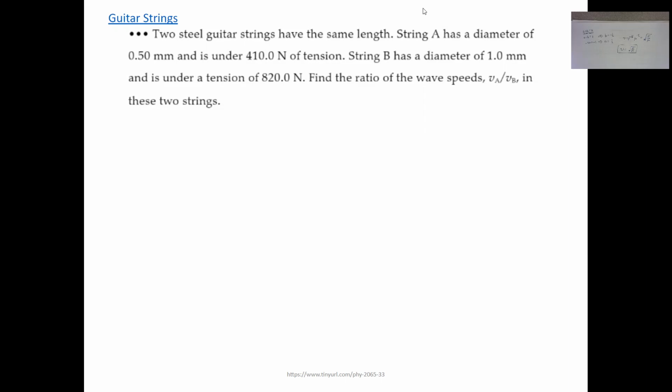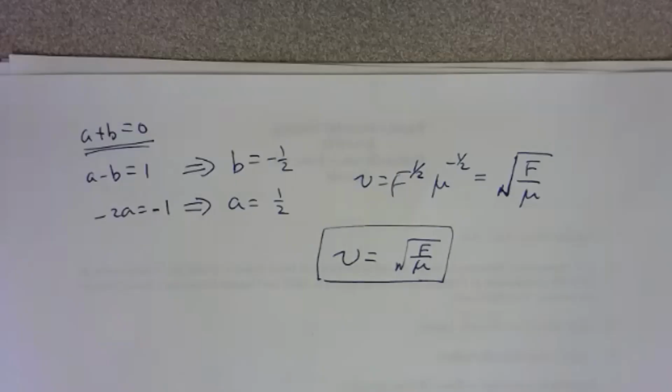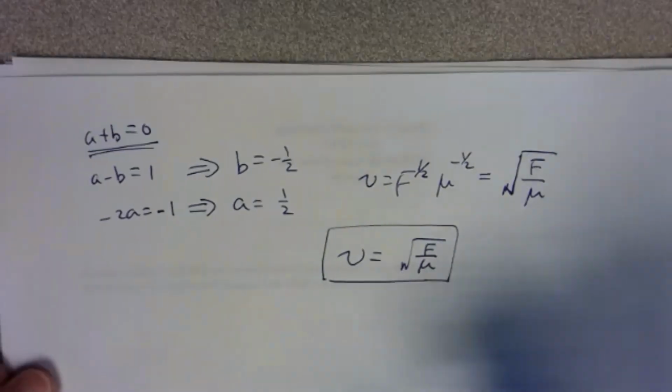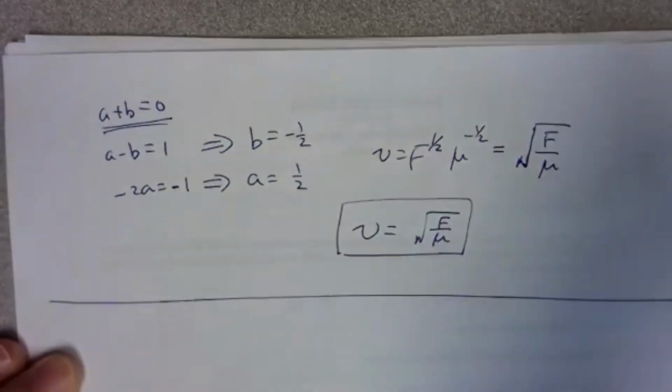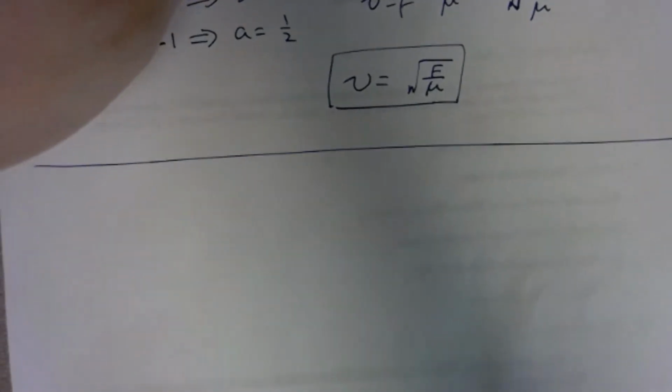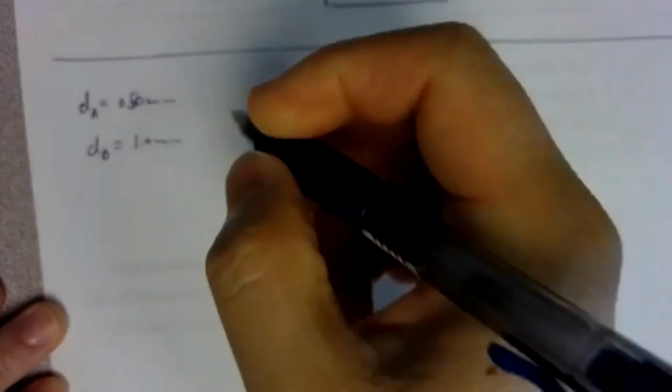Okay. So we got dA, 0.50 millimeter. We got dB, 1.0 millimeter.